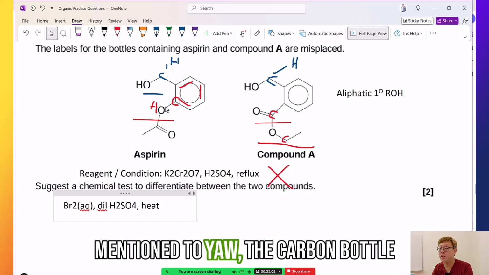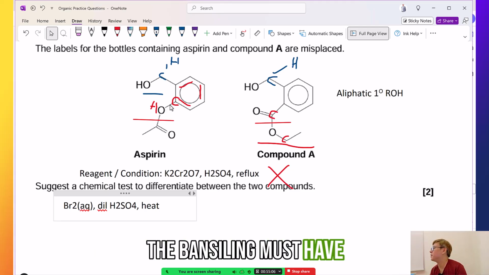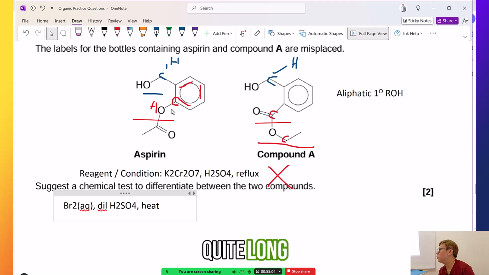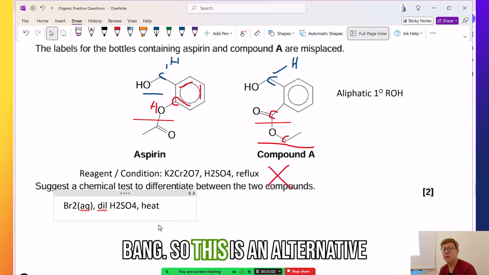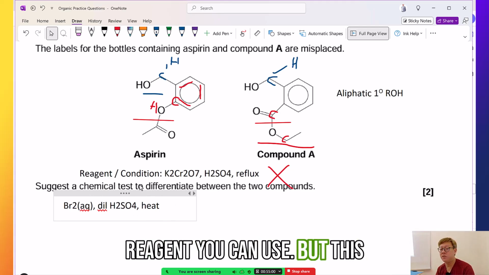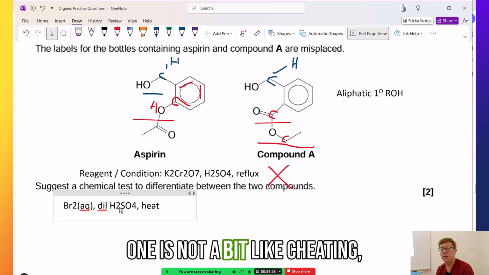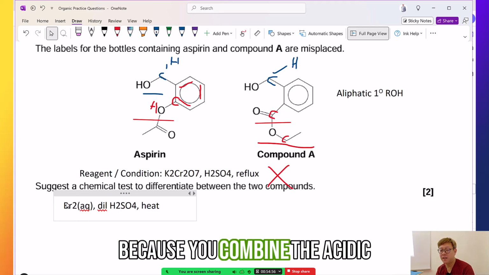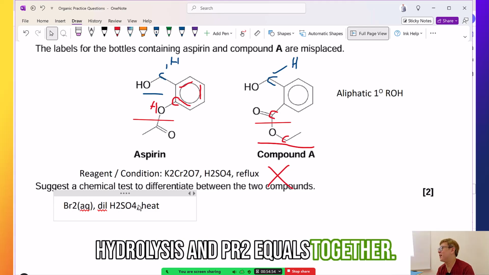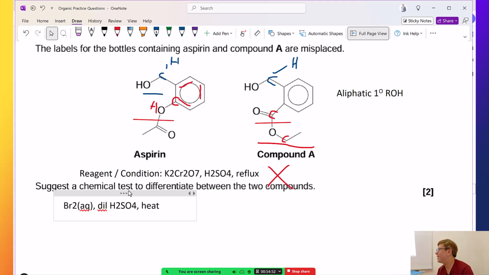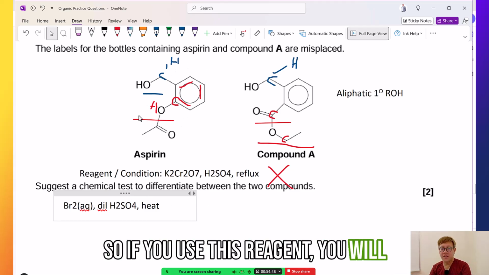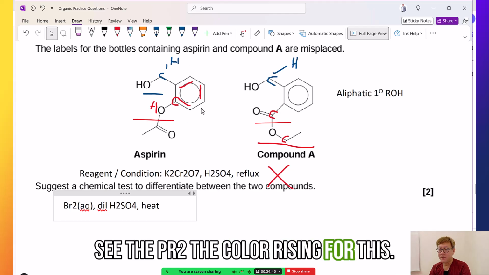Remember I mentioned to you all the carbon bonded to benzene ring must have what? Lone pair. So this is an alternative reagent you can use. But this one is a bit like cheating because you combine the acidic hydrolysis and Br2 aqueous together. Can? Okay. So if you use this reagent, you will see the Br2 decolorizing for this.